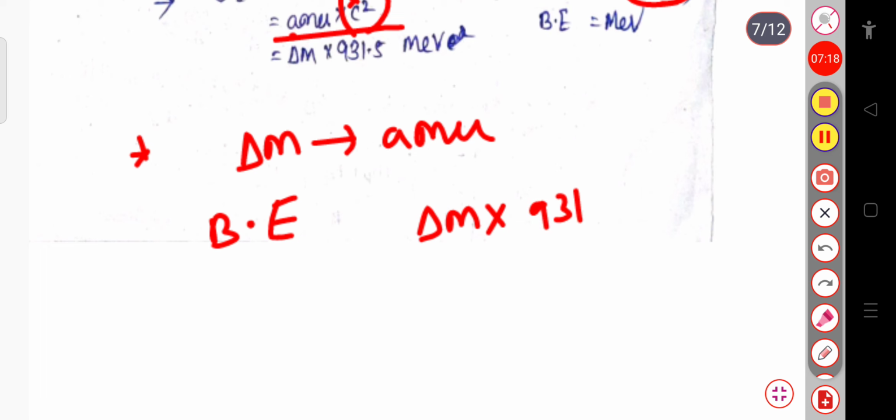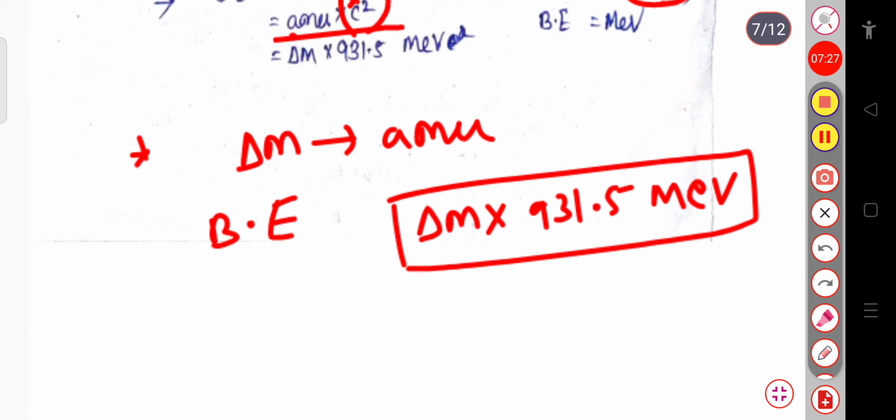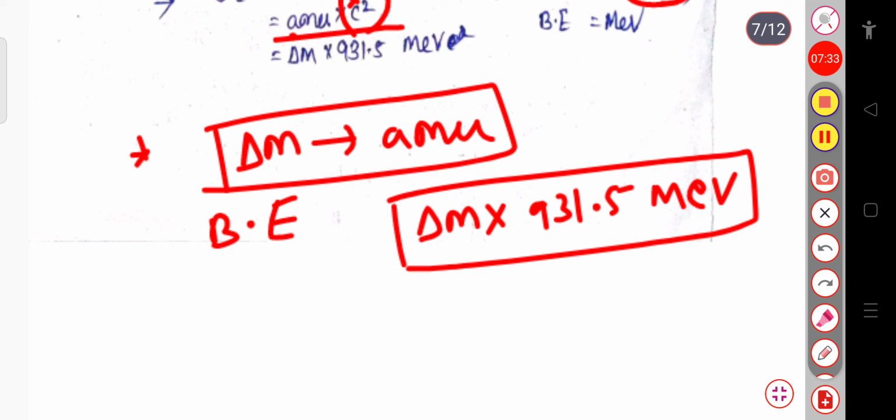It may be 931 or 931.5 MeV; both are correct. If delta m, the mass defect in AMU, is given, then the binding energy is delta m into 931.5 MeV.